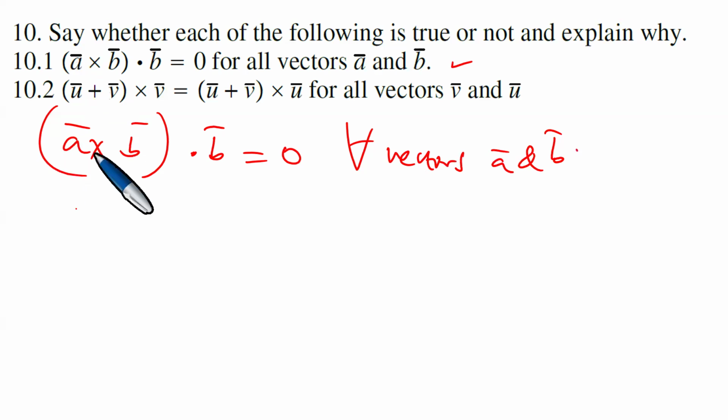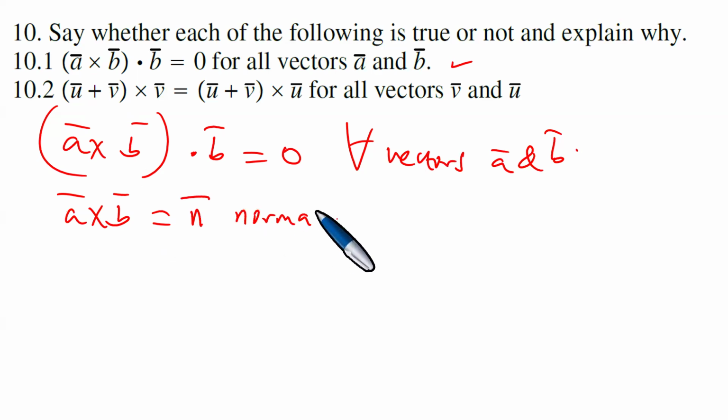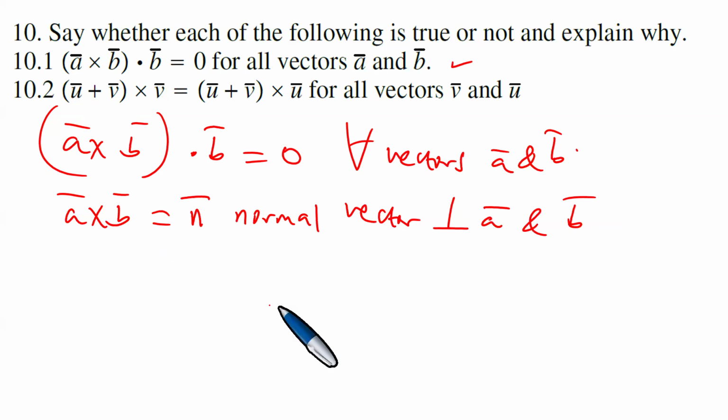Right, first things first, we said that A cross B would be equal to a normal vector that is perpendicular to vector A and vector B, respectively.